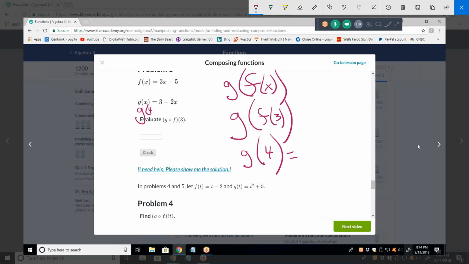This is the problem right here. In other words, it's simple at every step. You just have to remember the steps. So what's g of 4? g of 4 is equal to -3. Oh wait, no, -5. Minus 8. Minus 5.